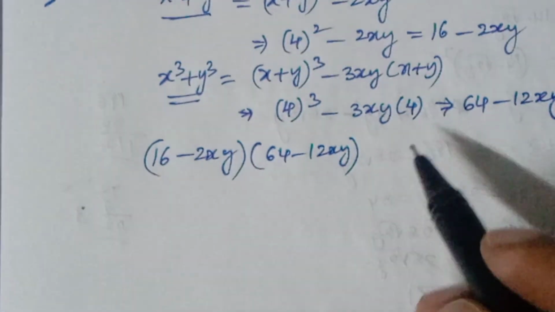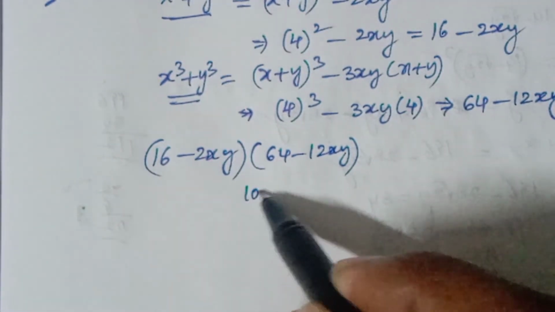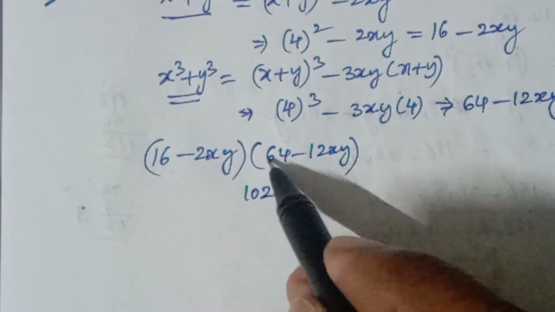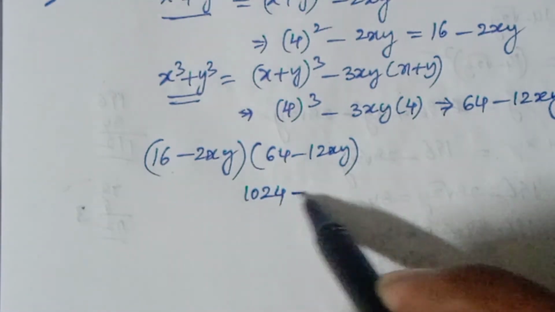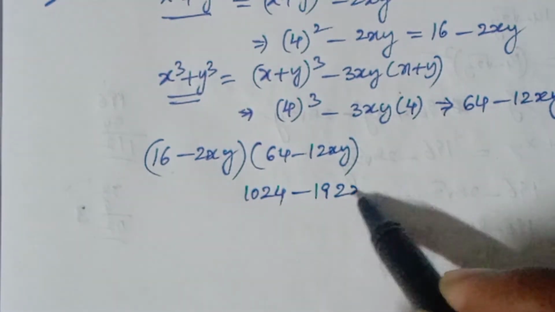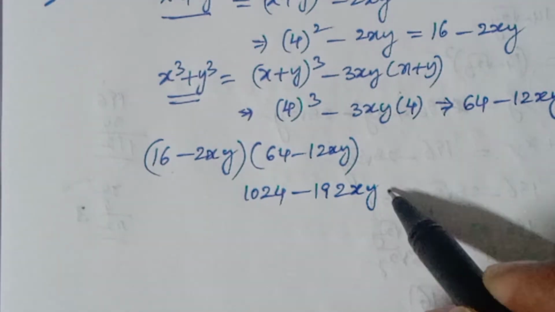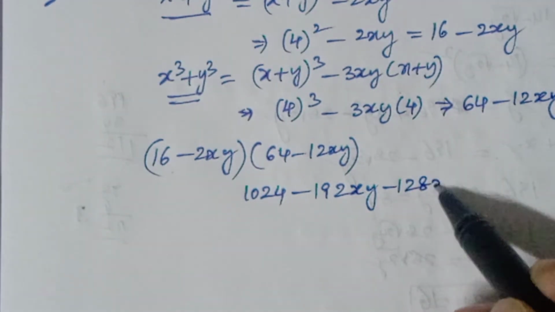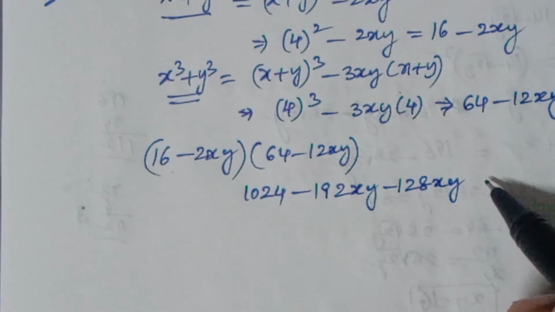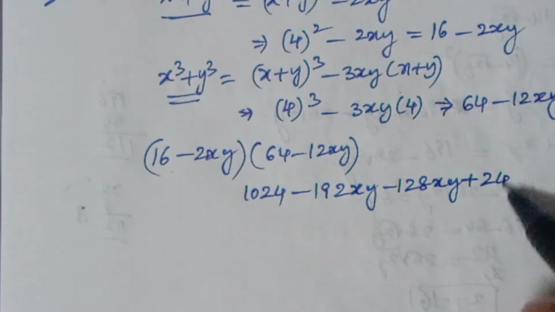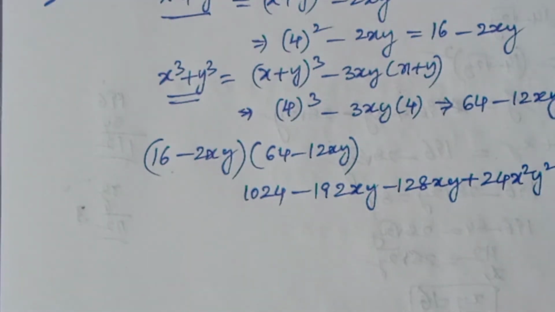So if you multiply these two, we are getting 1024, 16 times 64 is 1024, minus 192xy minus 128xy plus 24x square y square is equal to 280.